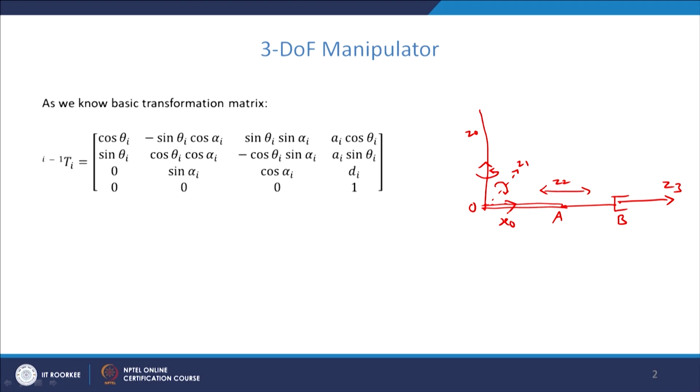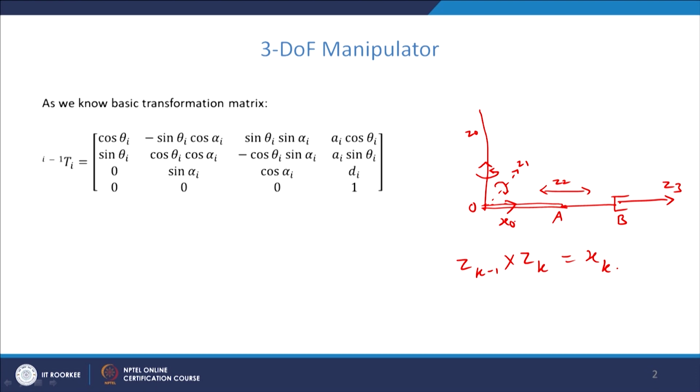The X1 axis is given by the perpendicular direction to Z0 and Z1. In fact, it is Z(k minus 1) cross Zk, that will give the Xk axis. So, X1 axis will be Z0 cross Z1.